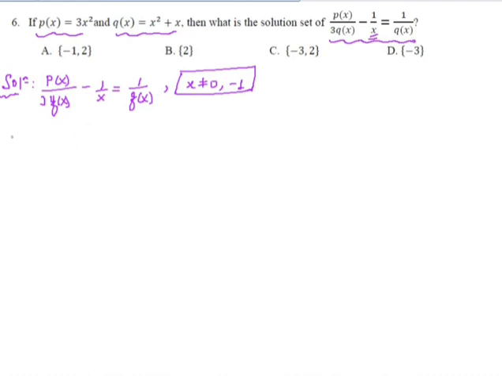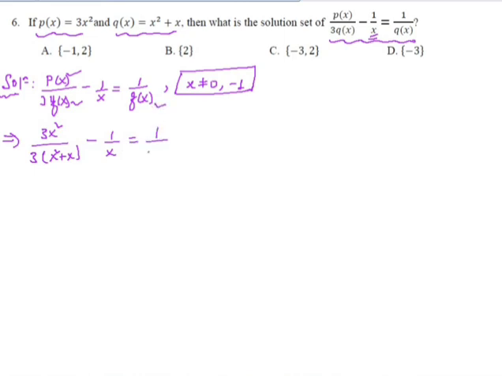So let us put the given information in place of P. Use 3x squared over 3 times, in place of Q, x squared plus x, minus 1 over x equals 1 over Q of x.